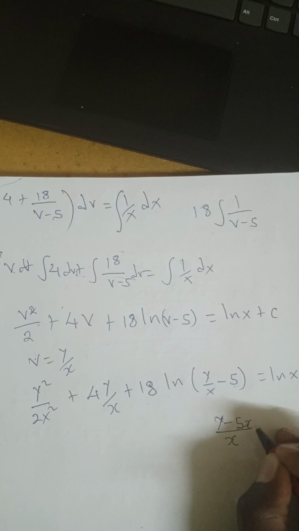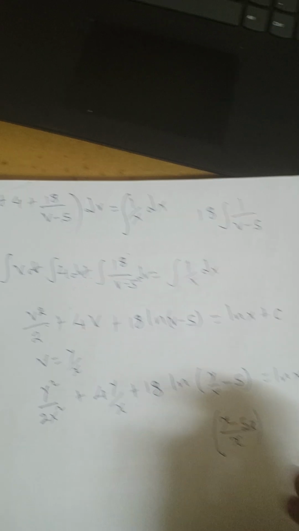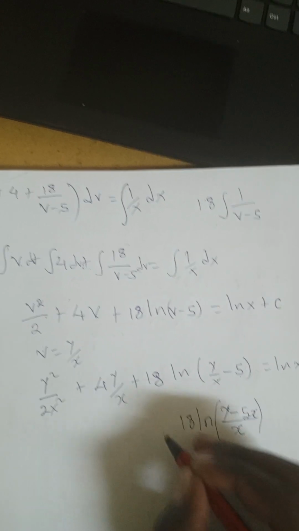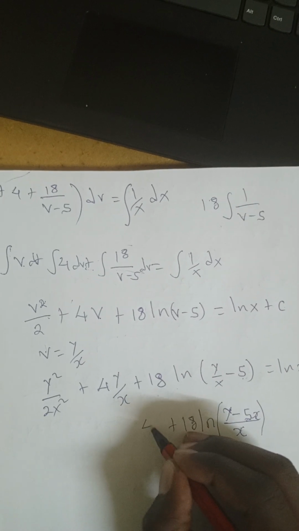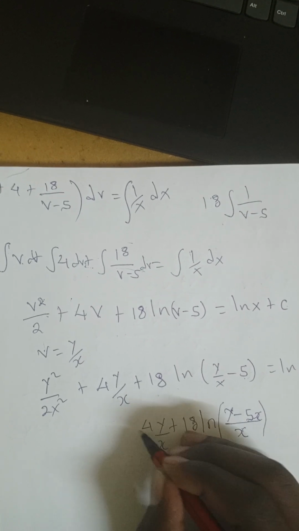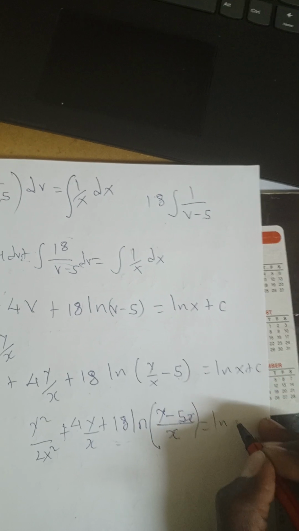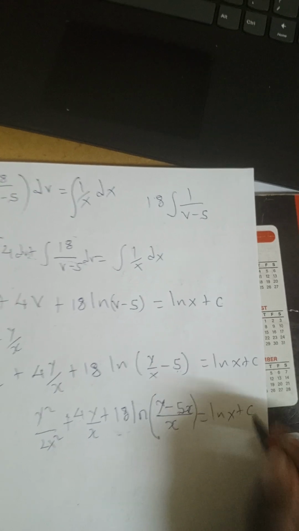That's what we are going to have in the brackets. So we can write everything else the way it was, plus y squared over 2x squared, then this is all equal to natural log of x plus c.